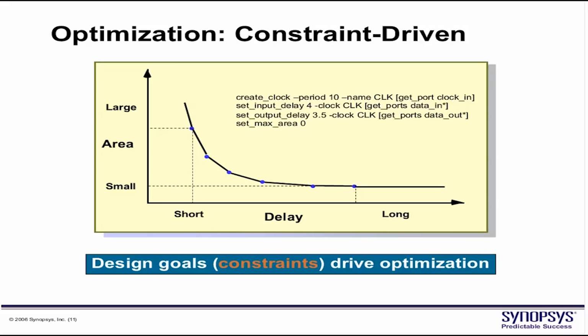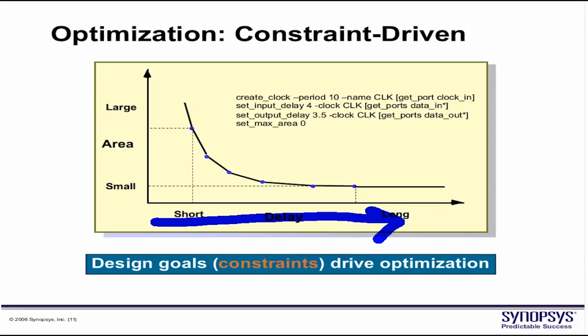So now we see a very nice graph here. On the x-axis is the delay, or you could also call it the performance of the design. On the y-axis we have area. Now, if you go from left to right, that is the delay is increasing, that is the performance is going down, and the area is also going down.